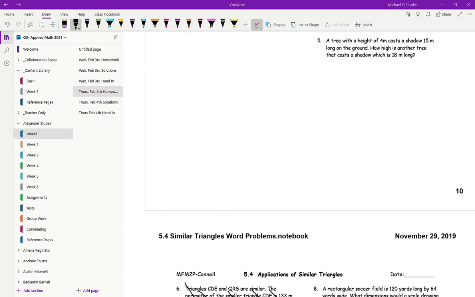Alex, Amelia, Andrew, Austin, Ben, Dominic, Ellen, Emma, Emily.